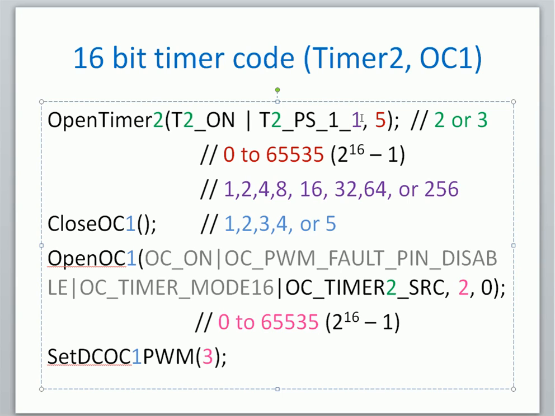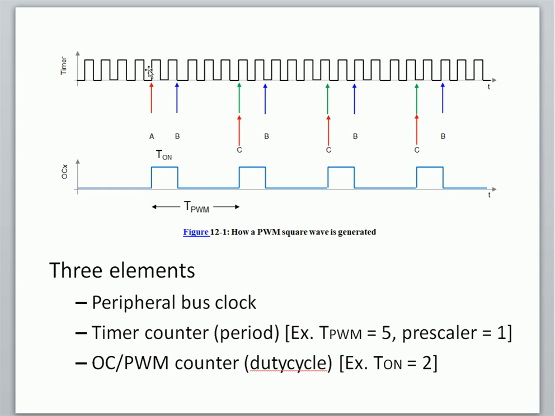This prescaler can be 1, 2, 4, 8, 16, 32, 64, or 256. Right now, the counter is counting every one edge: 1, 2, 3, 4, 5.